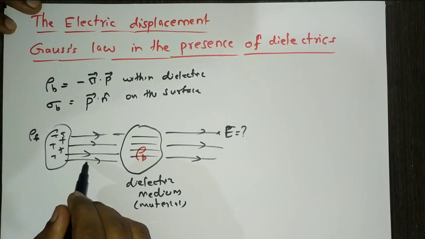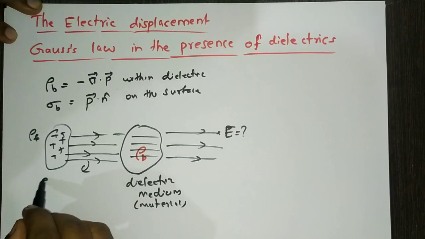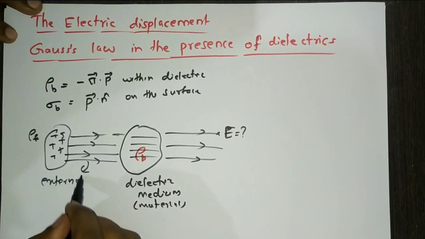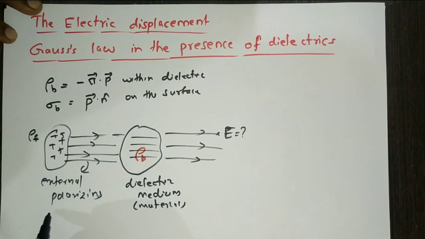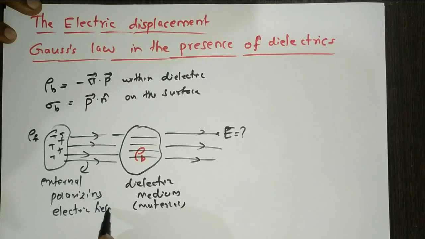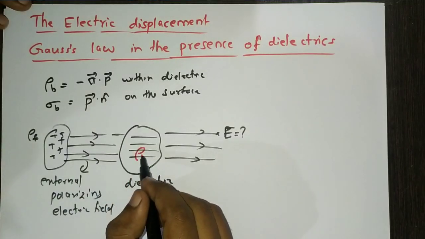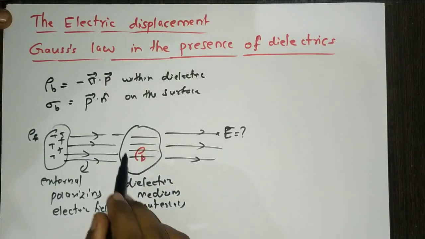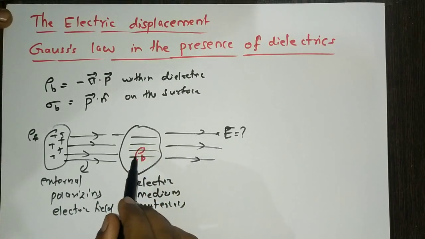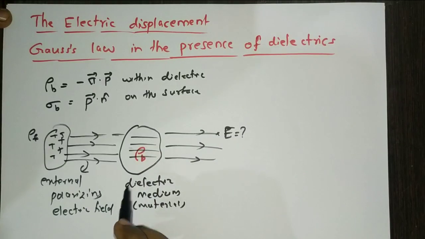Let us say this is the external polarizing electric field. Within this external electric field, this dielectric material is getting polarized. This polarization gives rise to a bound charge density rho b.